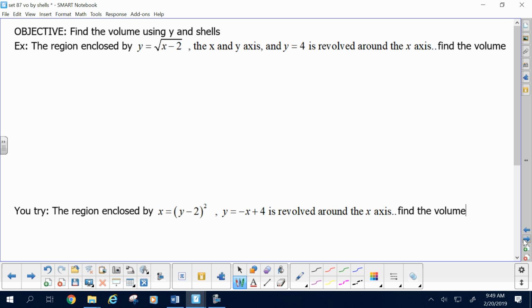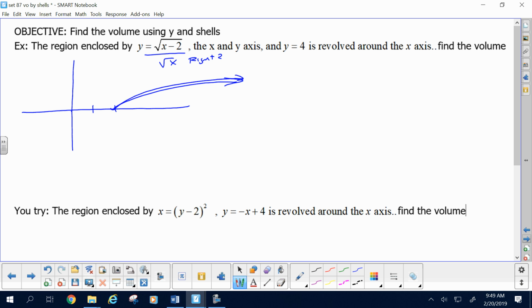what y looks like. Say you looked at the region here, y equals the square root of x minus 2. That's the square root graph shifted how? Right 2. Okay, so that looks like that. The x and y axes, and y equals 4. So I have this curve, the x-axis, the y-axis, and y equals 4.